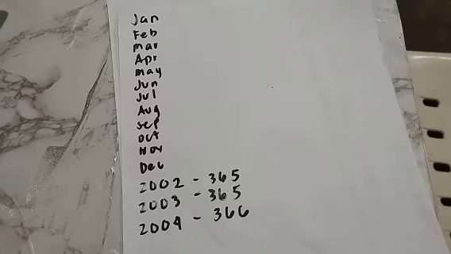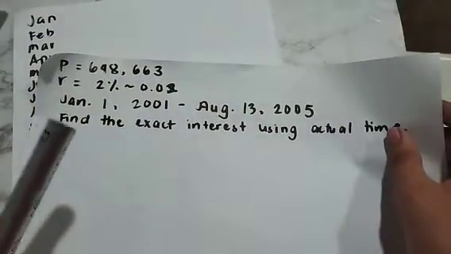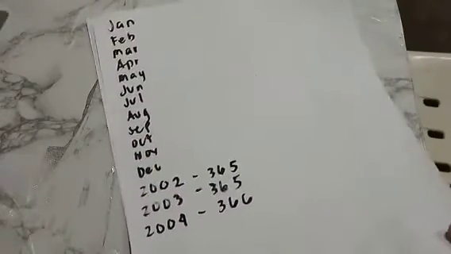Yung matatapos to sa month na August 13. Sabi dito sa given kanina, August 13 matatapos, 2005. So, hindi siya whole year. Kaya, kailangan natin ilista kada buwan hanggang August 13.